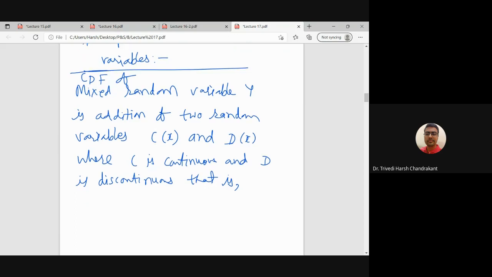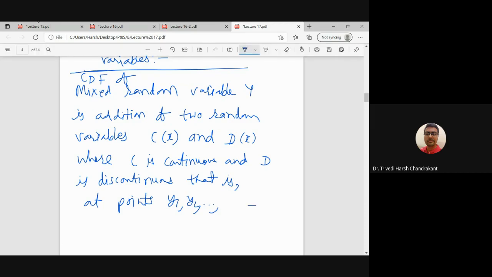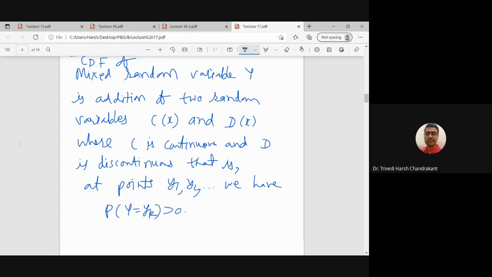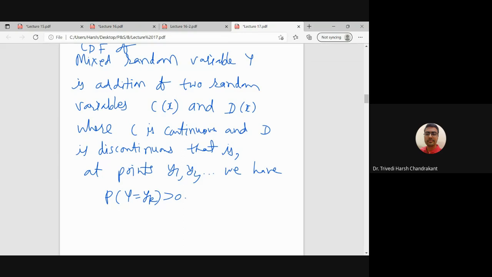That is, at points y1, y2, yk, we have the probability of y equals yk is positive.